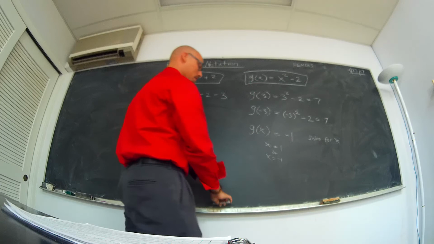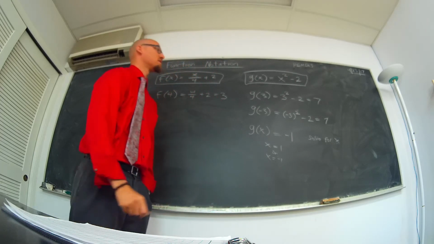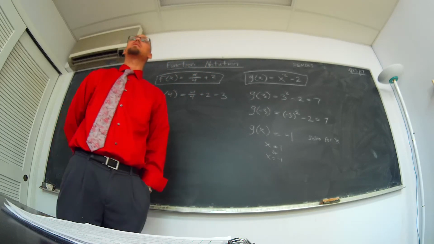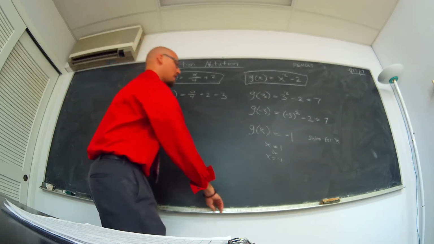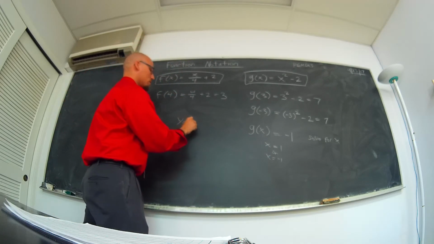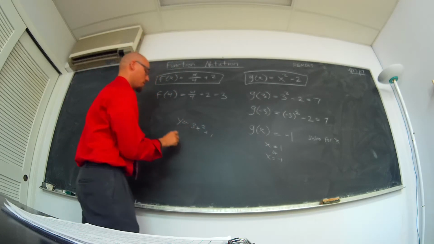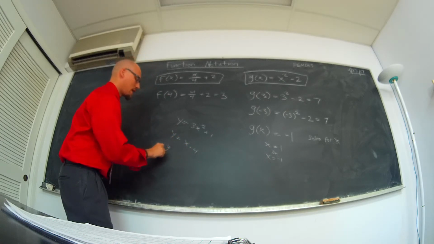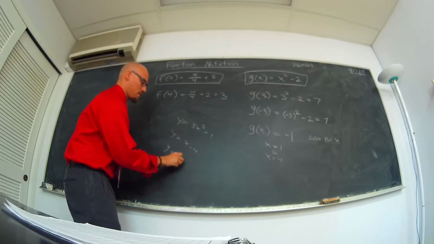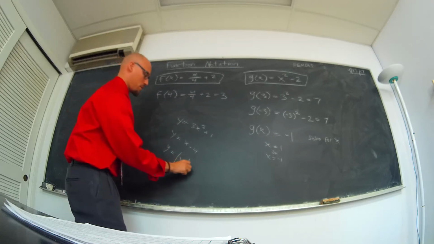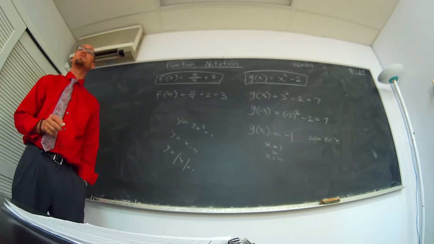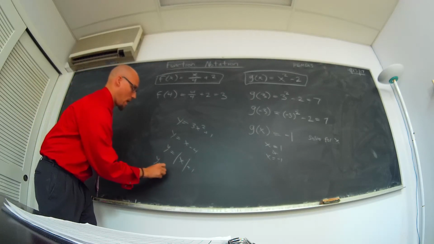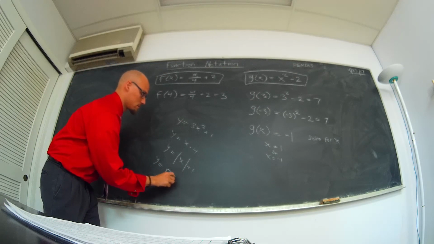Anyway, so this is function notation. It's not anything new. You guys have seen functions before. You've seen y equals 3x squared plus 1, y equals x minus 4, absolute value of x plus 1, and square root functions like y equals square root of x plus 2.